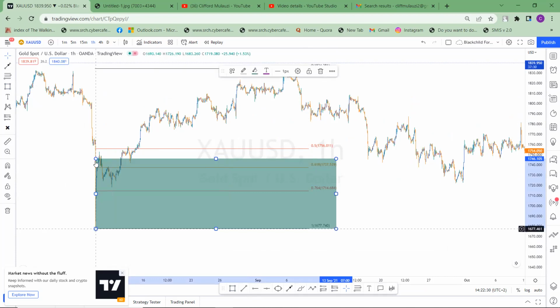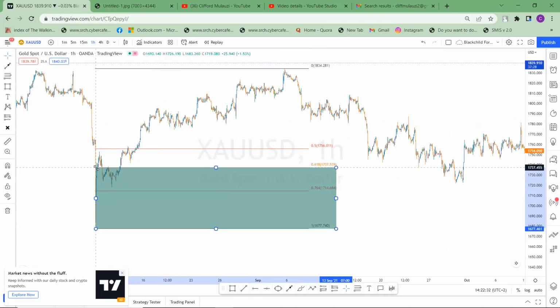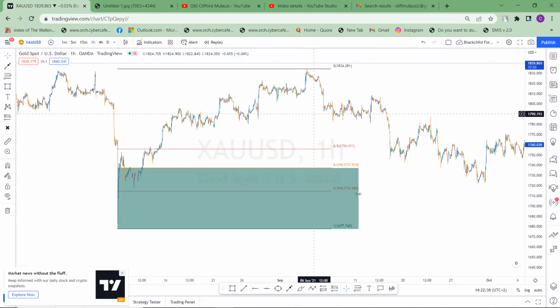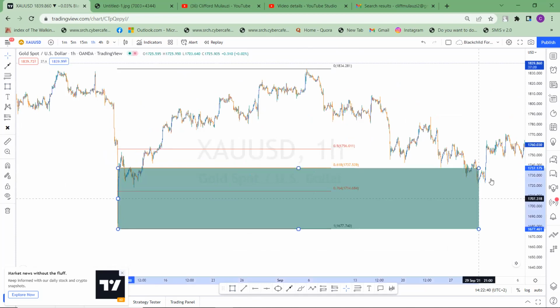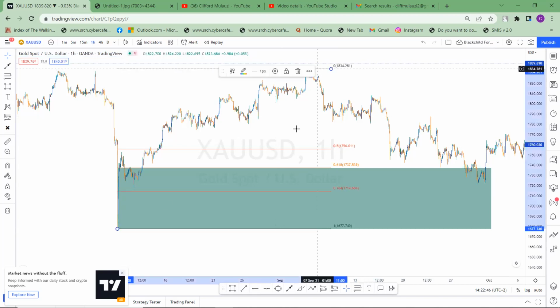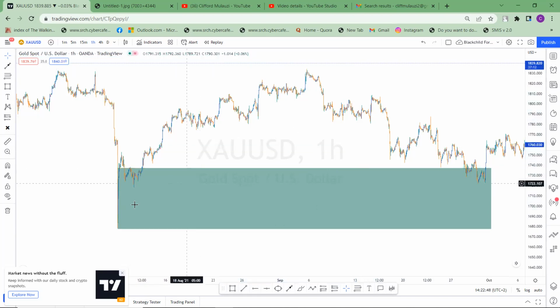So whatever order block is above here, I'm not interested. Now I can remove my Fibonacci because it has helped me identify the 61 zone. So this is my current order block.